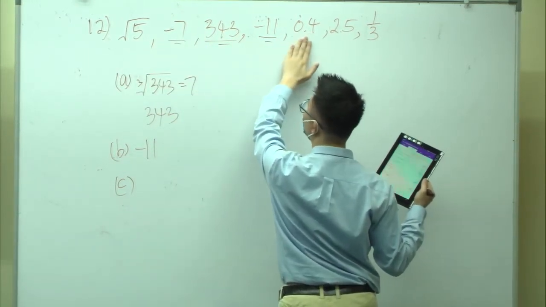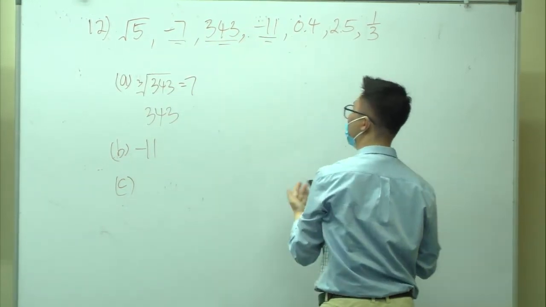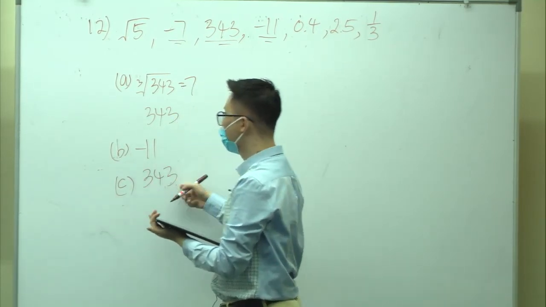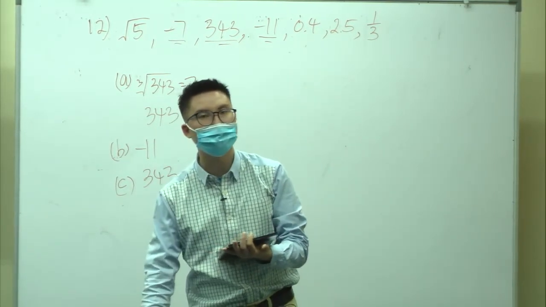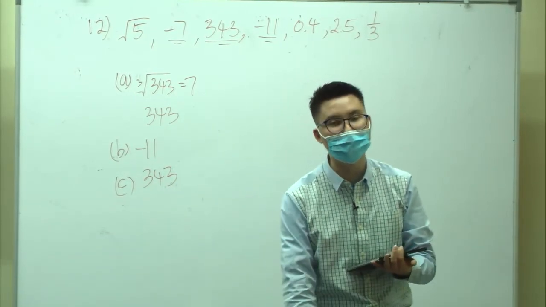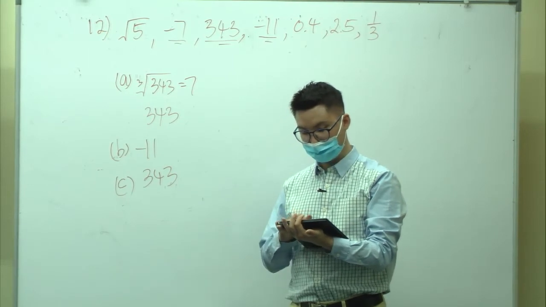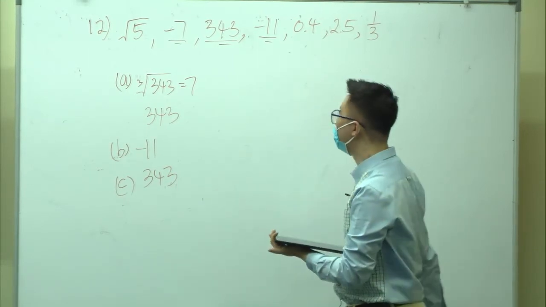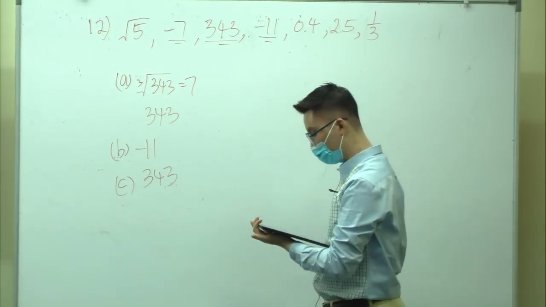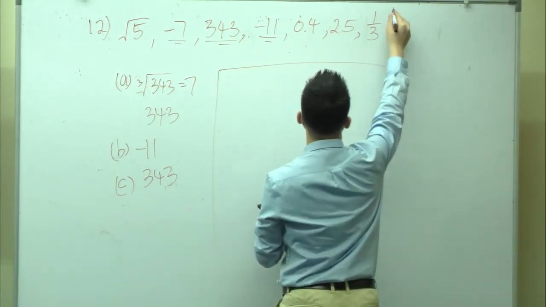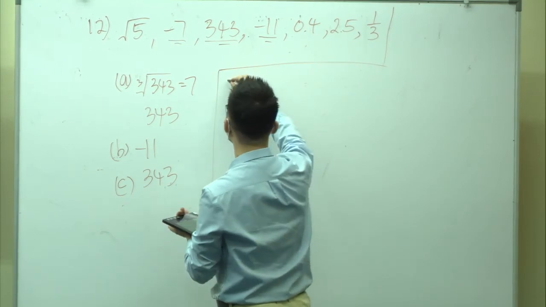This one also eliminated. Now you only have 343 left. Again, the answer is 343. 343 is a natural number, a counting number. Now, question 13.